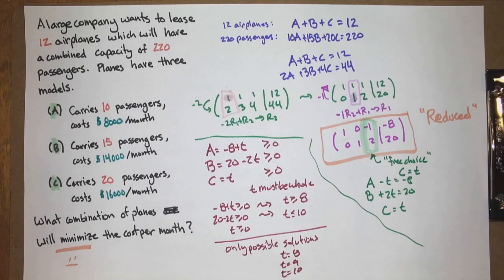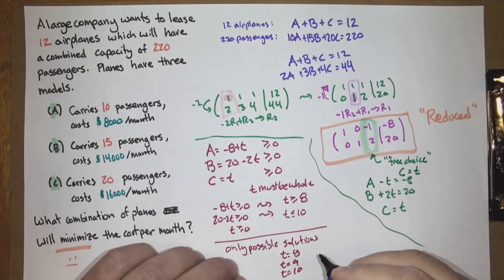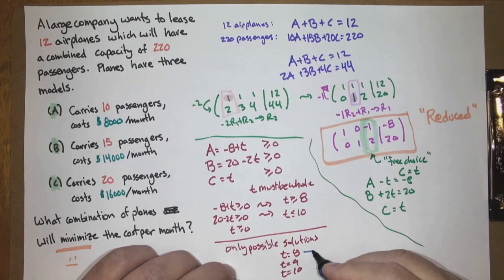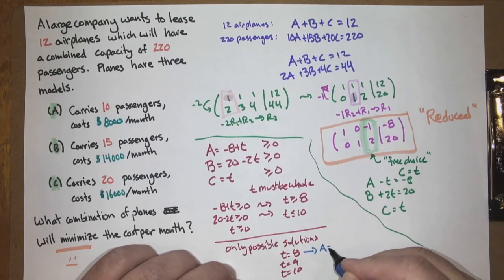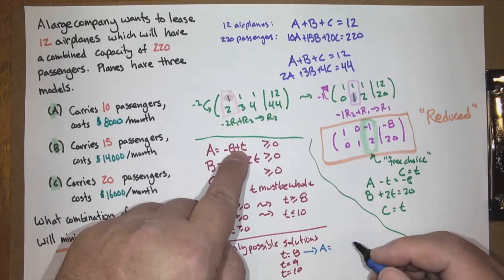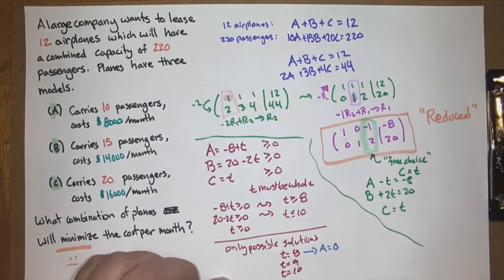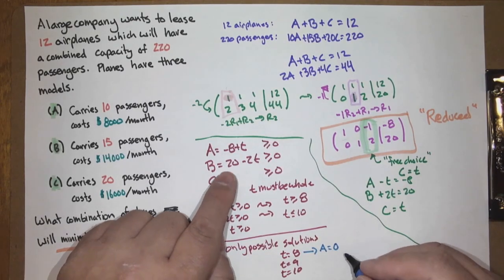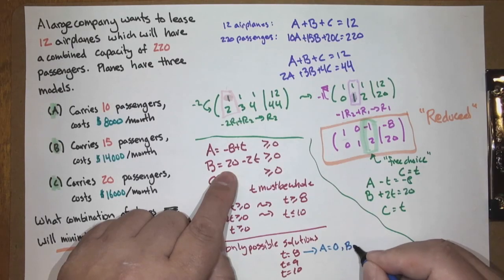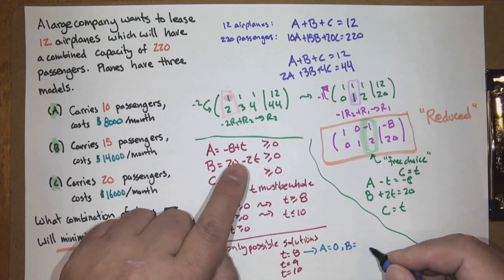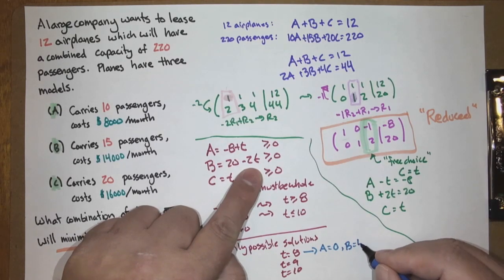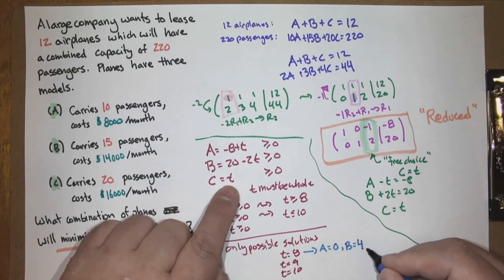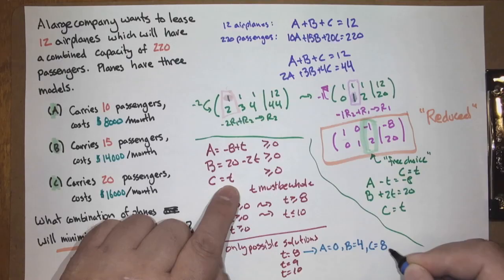If t equals 8, how many of type A do we have? Well, we have negative 8 plus 8, which is no planes of type A. How many of type B do we get? We have 20 minus 16, so that's 4. How many of type C? Well, 8.